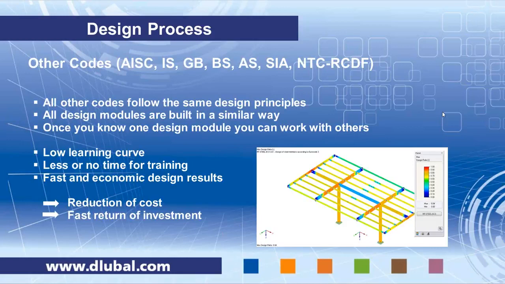That results in a very low learning curve. You need little or no time for training, and you still can get a fast, economic design. At the end, if you are new and you're thinking of buying the software, it will reduce your cost and it will result in a fast return on your investment.